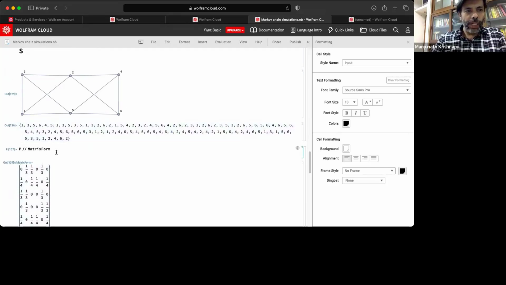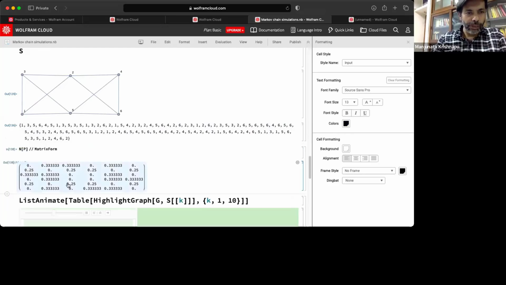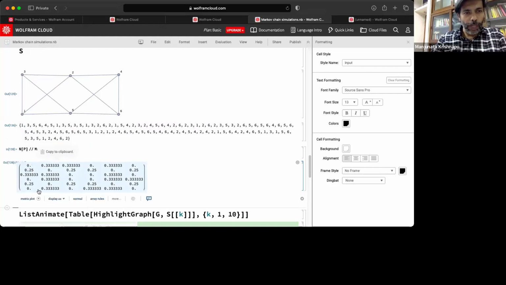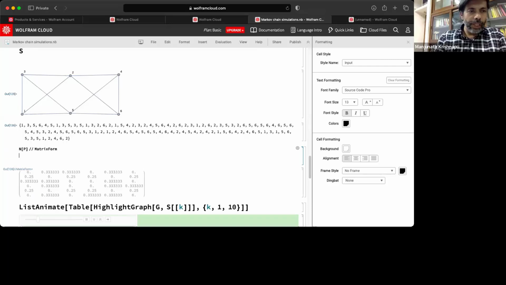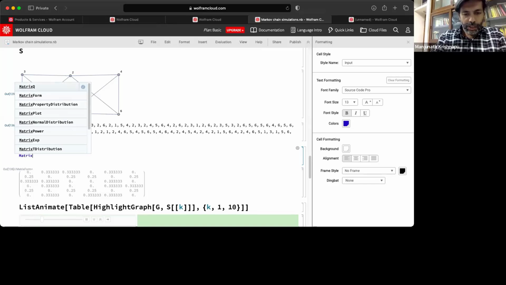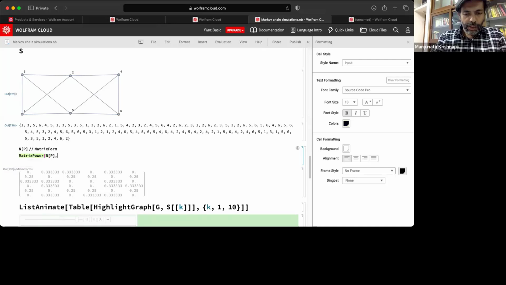Now the question is, what happens when I raise this? Let's make it numerical. So N of P will just make it numerical, so I don't need to see these fractions. So the probabilities look like this. Now what I want to do is raise it to a large number.